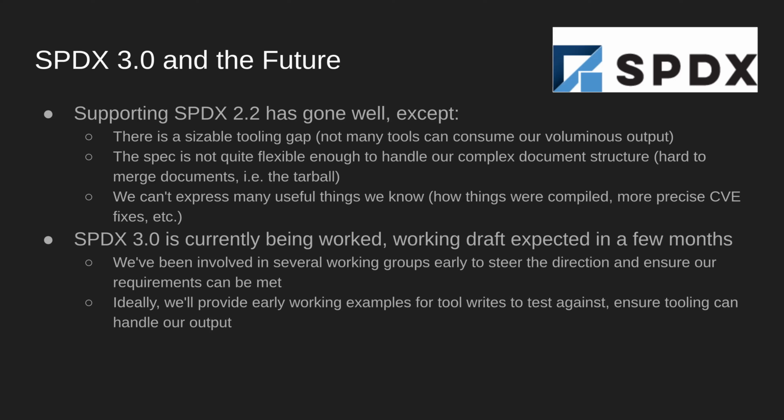Because of that, we came up with that tarball, where we just put all the documents into a tarball, and you need to parse them all together, which again, the tooling doesn't support particularly well. And there are a couple of things that I mentioned earlier that we can't really express, like how we compiled things, where things were built, and more precise CVE fix information.